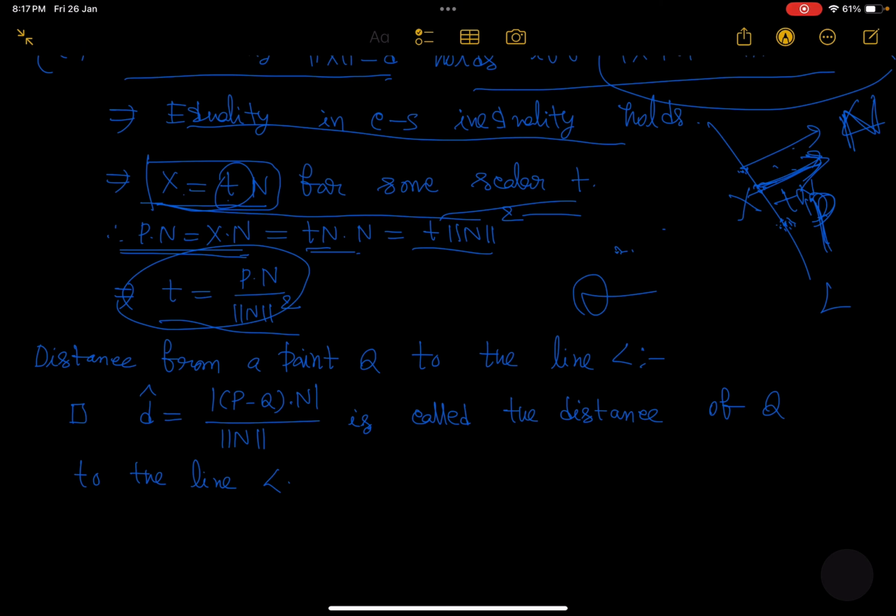If you put Q equals 0, you get exactly d hat equals d, as stated in the previous theorem.